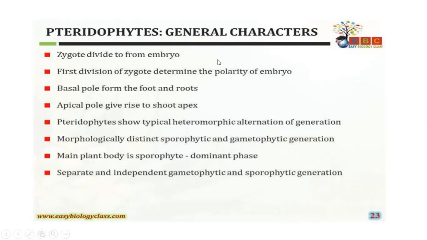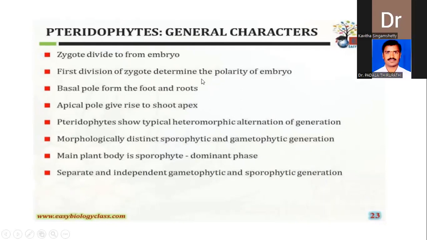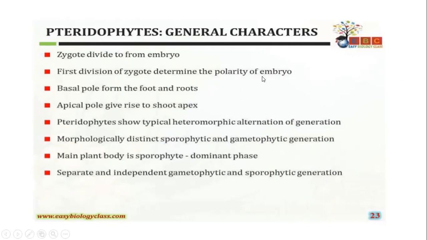Here in the pteridophytes, the zygote divides and forms the embryo, which we call a proembryo. The first division of the zygote determines the polarity of the embryo, which upon differentiation develops the roots and the shoot apex.